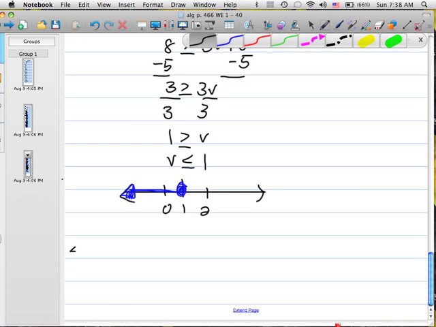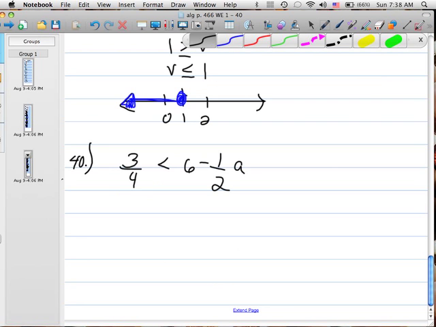And problem number 40, we have 3/4 is less than 6 minus 1/2 a. First step, let's get rid of the fractions, so we'll multiply by 4. So that gives us 3 is less than 24 minus 2a. 2 goes into 4 2 times.